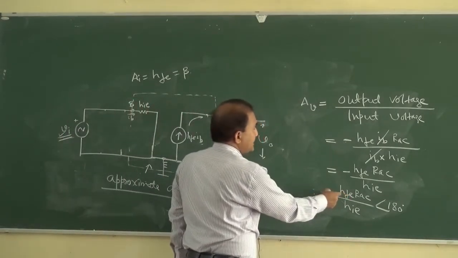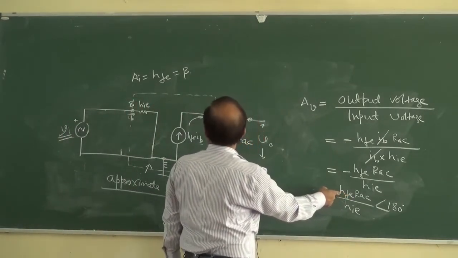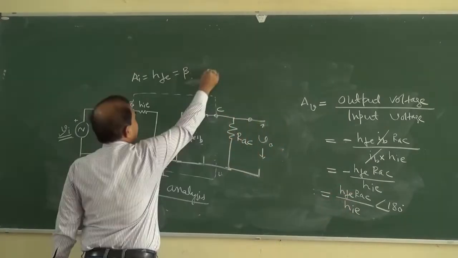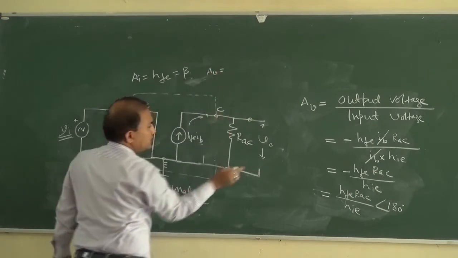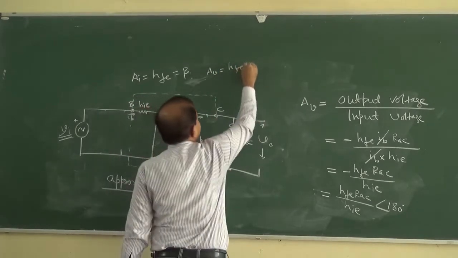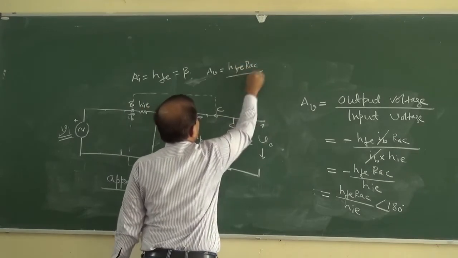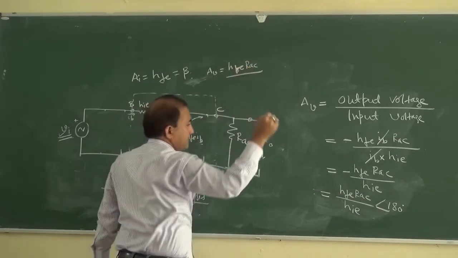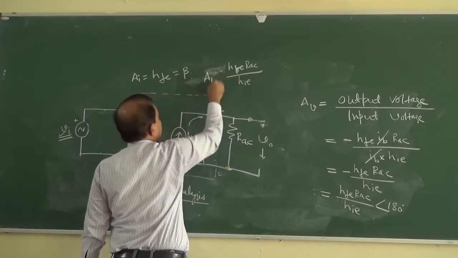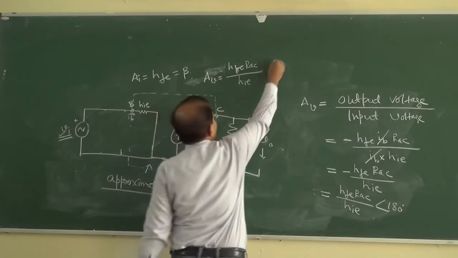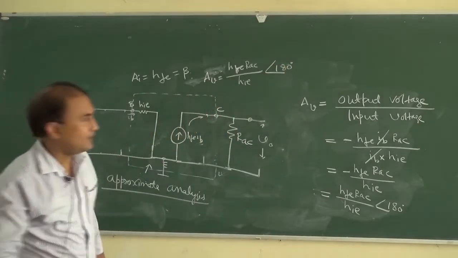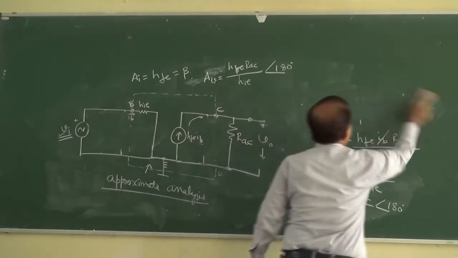Okay, and what is HFE? HFE is beta. Okay, the equation for AV is equal to HFE into RAC divided by HIE. Phase angle is 180 degrees. Then we can calculate the power gain.